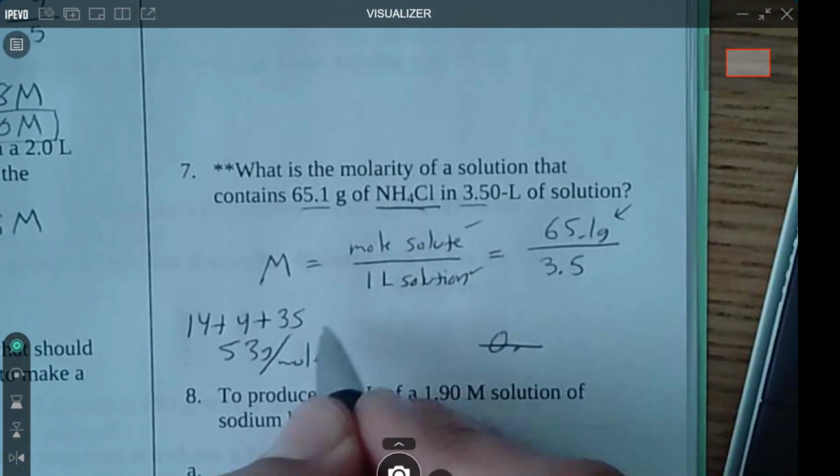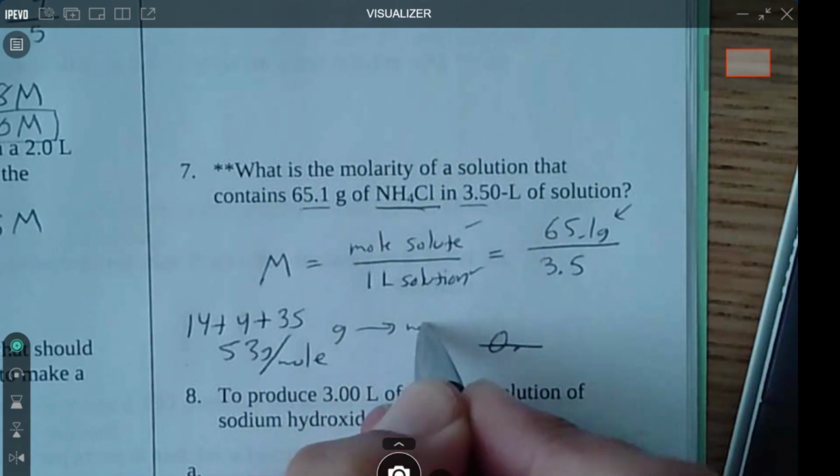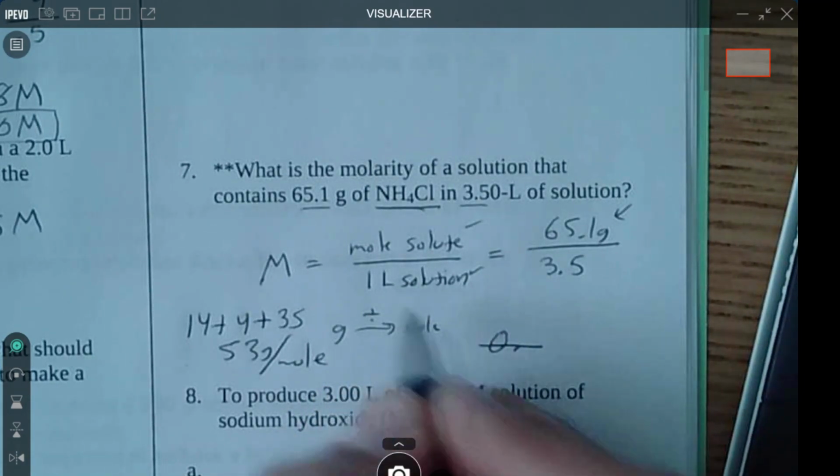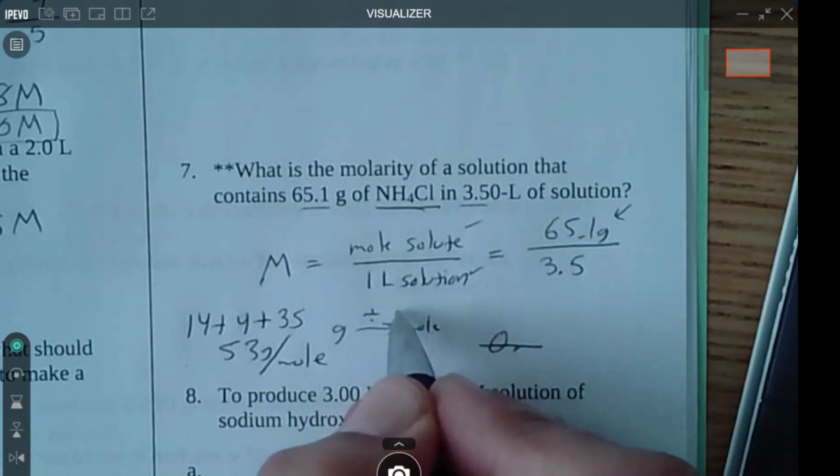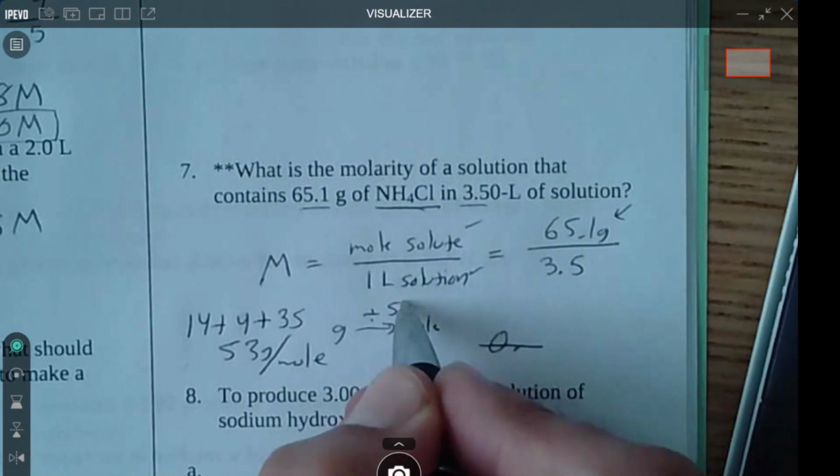So if I'm going from grams to moles, I divide by the molar mass. So I have to take 65 and divide by 53.